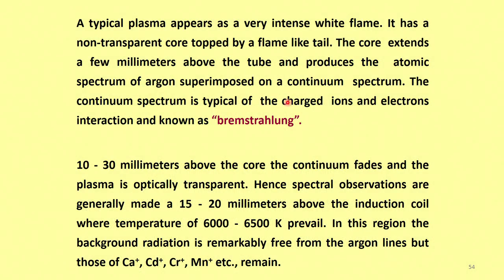This continuum spectrum is typical of the interaction of charged ions and electrons, and that is known as Bremsstrahlung. This Bremsstrahlung is nothing but a sort of additional spectral feature coming from argon. It is a German word, Bremsstrahlung.